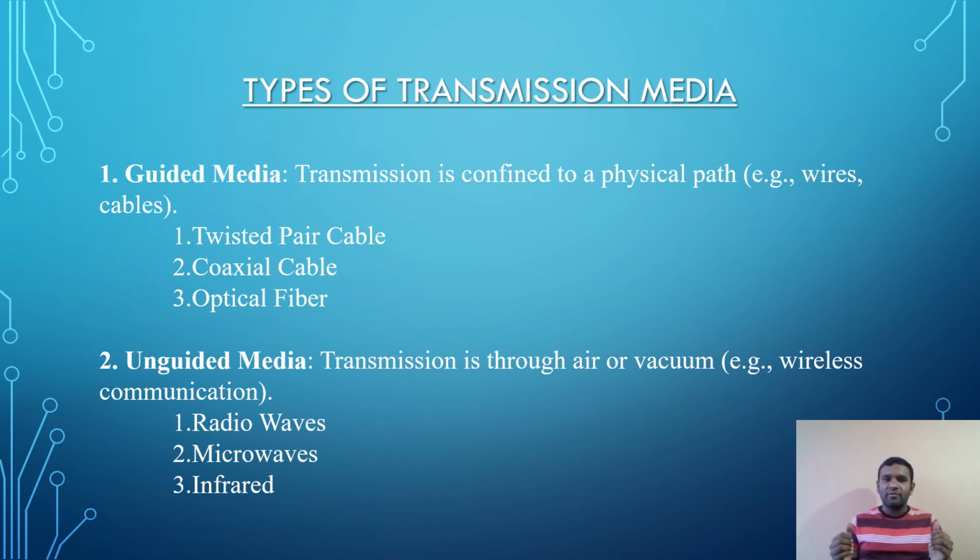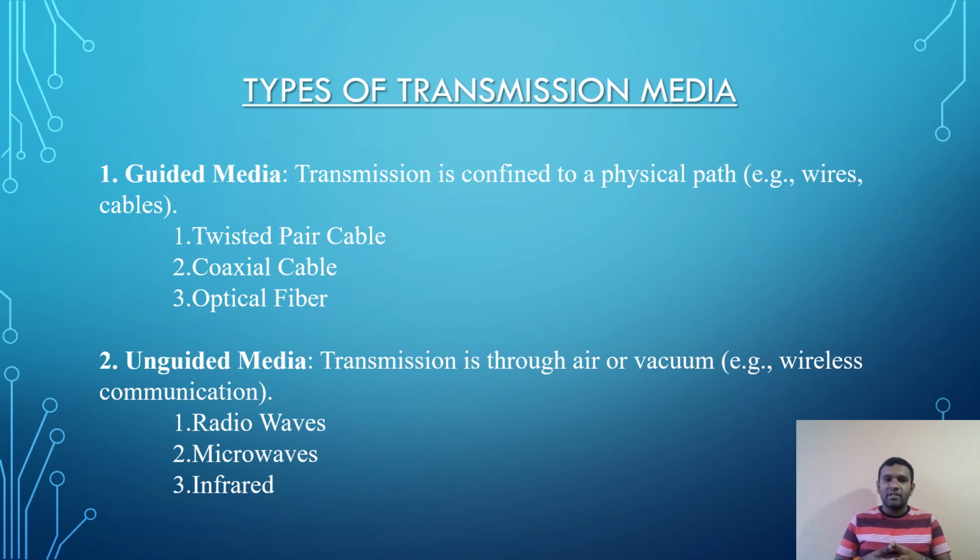The three main types of guided media, which we will look at in the later part of the video, are the twisted pair cable, which is the type of cable we see in normal wires where a pair of cables are twisted; the coaxial cable, which is another type of cable used as a transmission media; and one more, a recent invention, the optical fiber, which uses light signals to transmit information from one part to another.